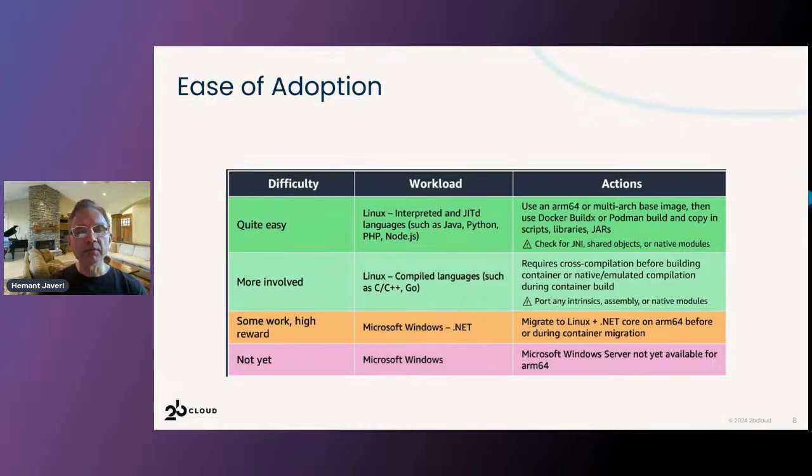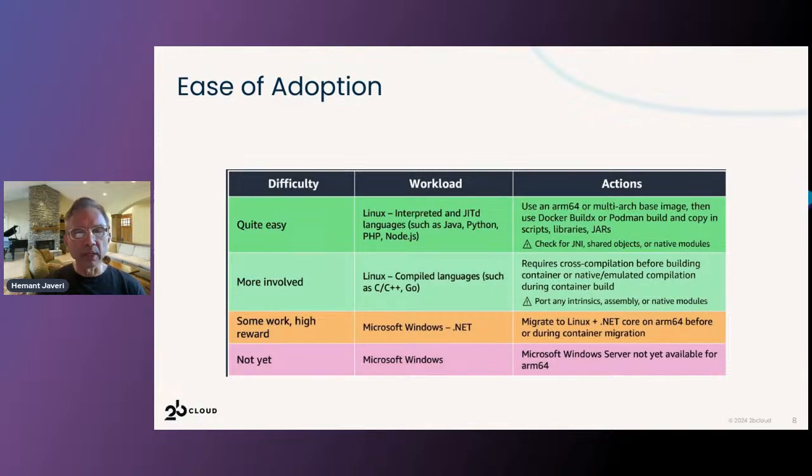If you have an application coded in Java or Python, which are more like interpreted languages, porting those applications to Graviton is going to be the easiest option. You just have to recompile or reinterpret them for the new processor and then redeploy. Essentially, that's the easiest option.